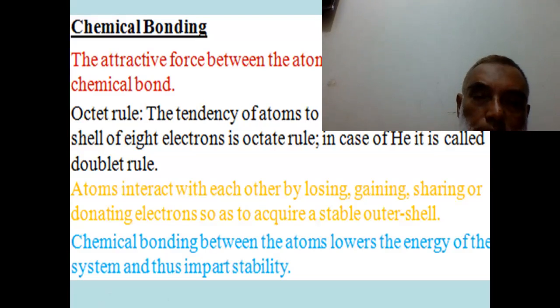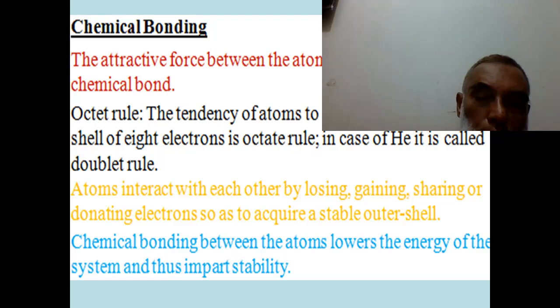And finally, chemical bonding. The attractive force between atoms in a molecule is known as a chemical bond. The tendency of atoms to form a stable shell with 8 electrons is known as the octet rule. In the case of helium, it is the duplet rule.